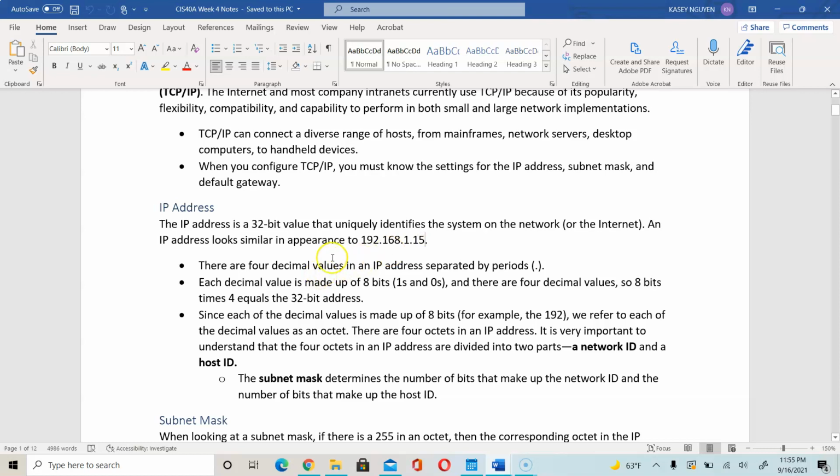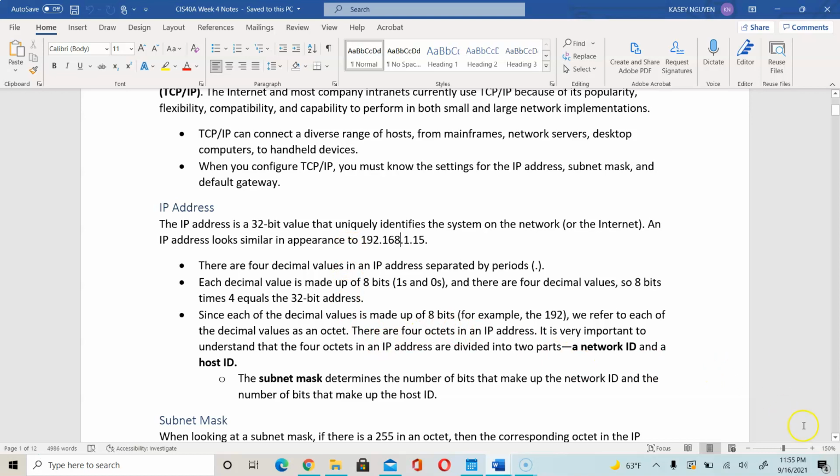The 4 decimal values represent the IP address and are separated by a dot or period. We use decimal values here, and the system converts each decimal value to binary.